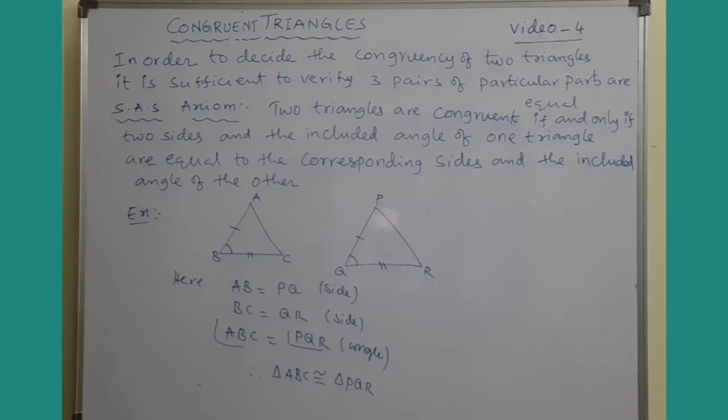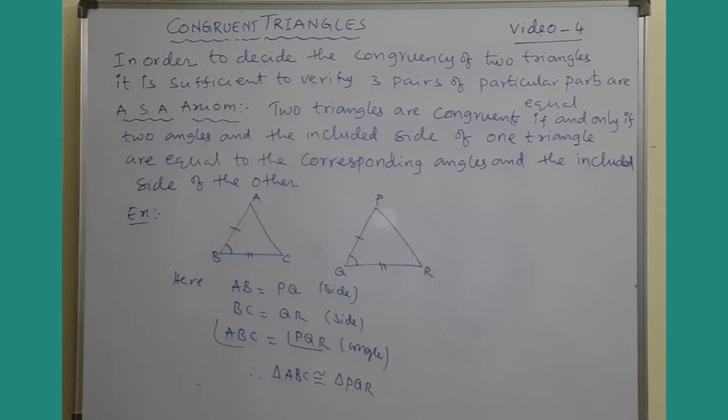Now let us see what is the ASA axiom. See, ASA: two angles and one side. So coming to the statement, same thing, you just need to change the words side and angle.